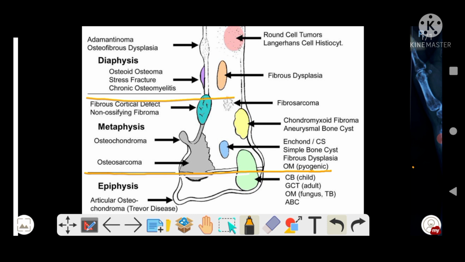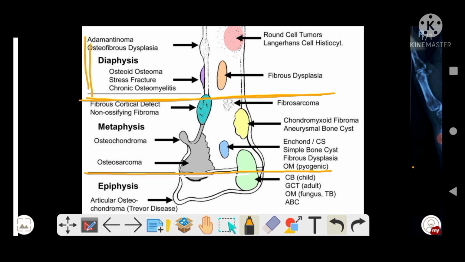And this is your diaphysis part. Diaphysis is the shaft of the long bone. In between epiphysis and diaphysis is your metaphysis. So this diagram shows you different tumors or different conditions that occur in different parts of the bones.